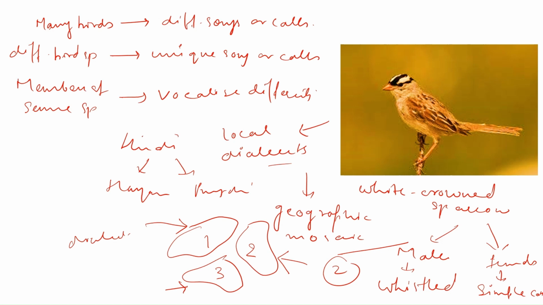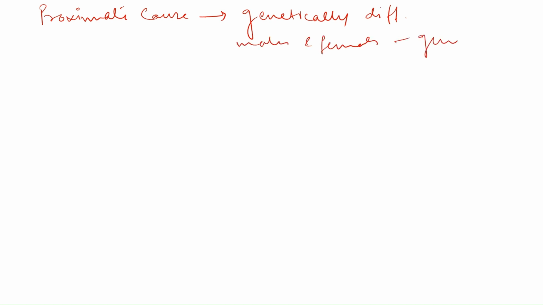Now what can be the proximate reason behind this? The proximate reason or cause behind such behavior could be that these sparrows are genetically different. Area-wise, their genes are different, because of which they have different songs or calls. Even in males and females, definitely some genes are specific to the males, and some genes are specific to the females.